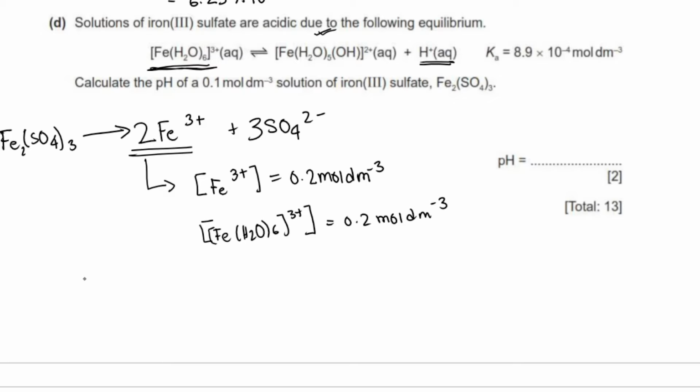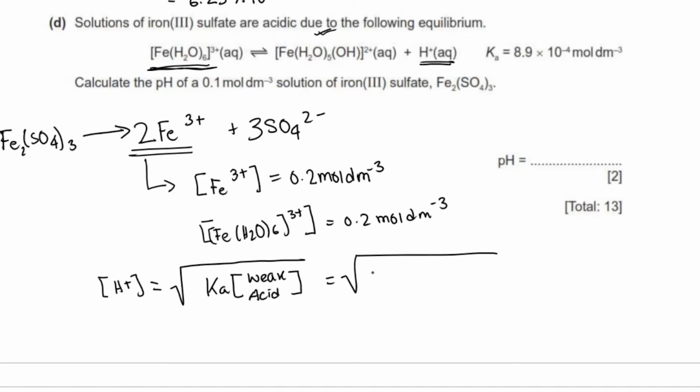To find the pH of the weak acid solution, we have to find the hydrogen ion concentration first. So for any weak acid, the equation to find the hydrogen ion concentration is the square root of Ka into weak acid concentration, which is 0.2 into 8.9 times 10 to the power minus 4, which gives us 1.33 times 10 to the power minus 2 mole per dm cube.